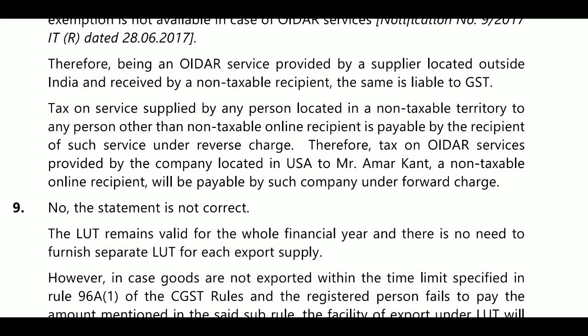Therefore, tax on OIDAR services provided by the company located in USA to Mr. Amarkant, a non-taxable online recipient, will be payable by such company under forward charge.